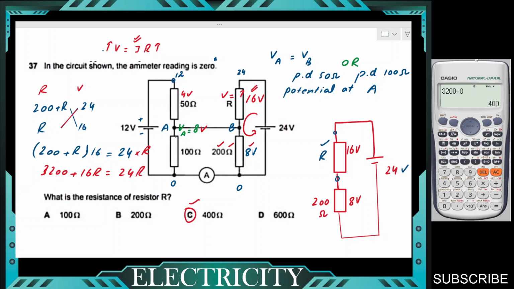But once again, we should not be using the ratios for this one, because if we see double the voltage, there has to be double the resistance. That's the rule of thumb. Half the voltage, there has to be half the resistance compared to the other resistor connected in series.